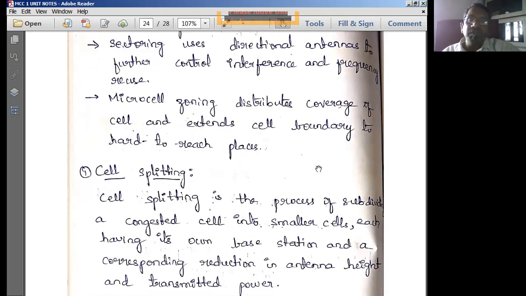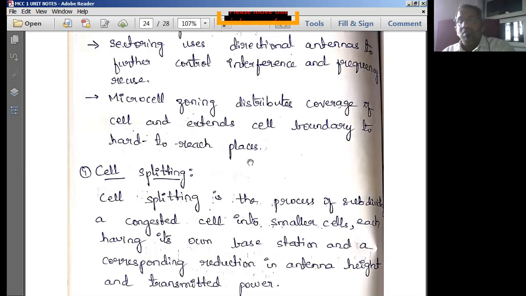In that case, we place another small base station, which covers the area where we are not getting the signals properly. That cell is simply called a microcell. A microcell is once again part of the major cell, which is called the umbrella cell.